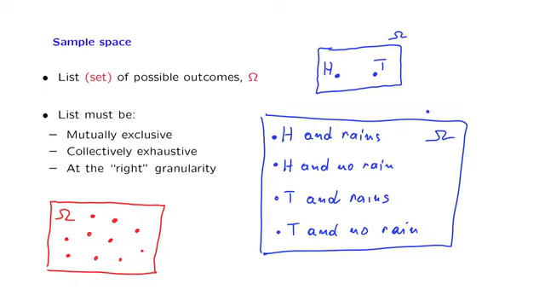So which sample space is the correct one? This sample space, the second one, involves some irrelevant details. So the preferred sample space for describing the flipping of a coin is the simpler one, the first one, which is sort of at the right granularity given what we're interested in.